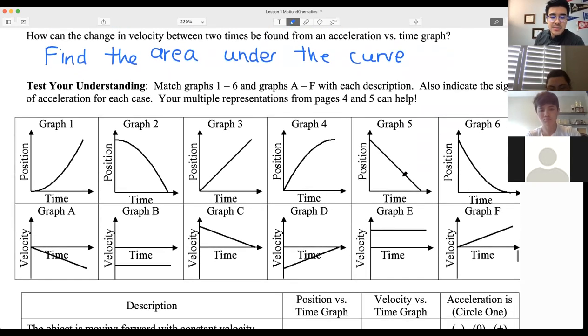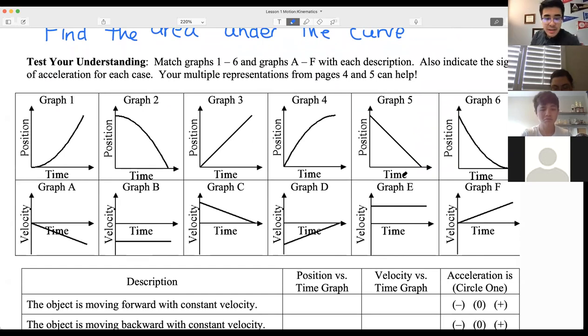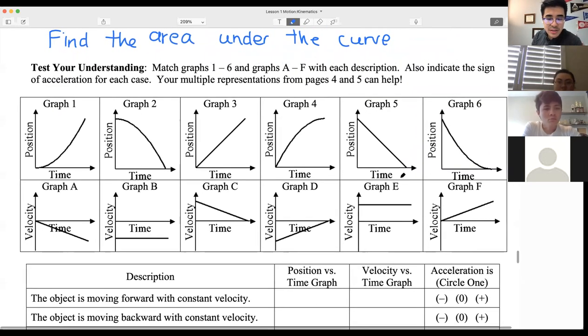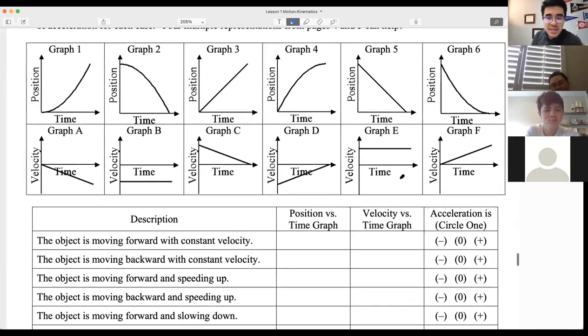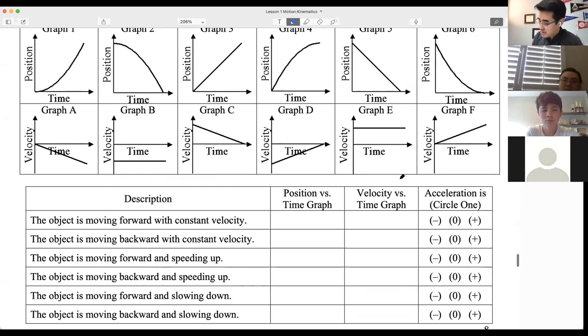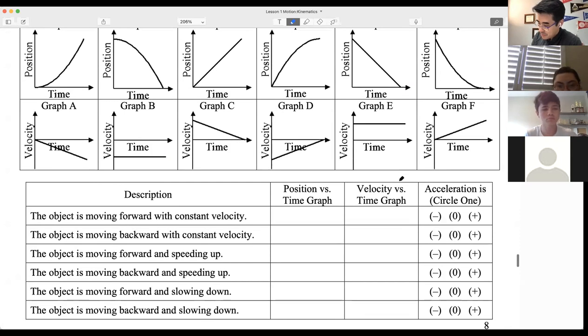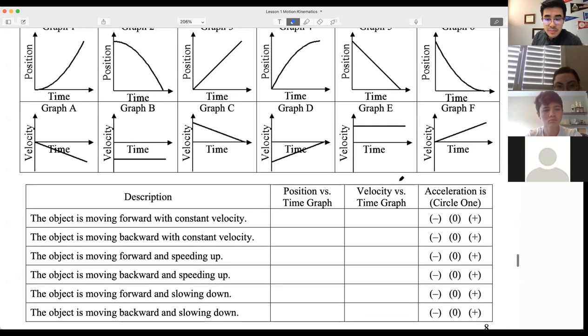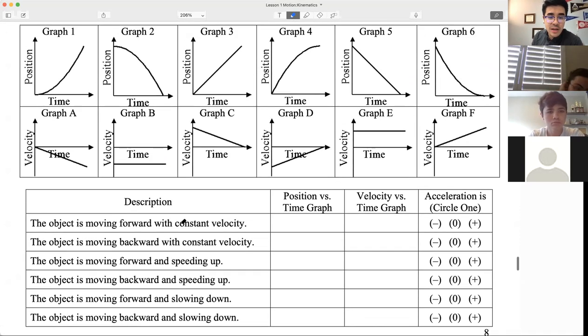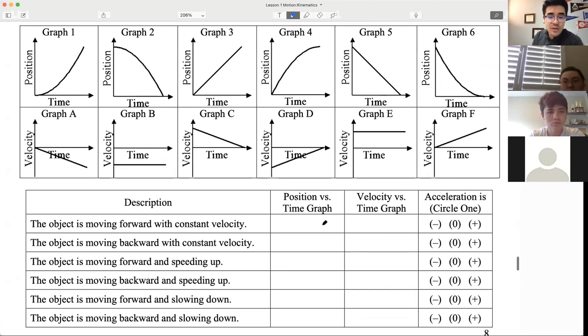Okay. So let's test our understanding then. We have these 6 graphs, and we want to match all of these. Which one shows the object moving forward with constant velocity? We want to pick 1 through 6 for the first one, and A through F for the second one.